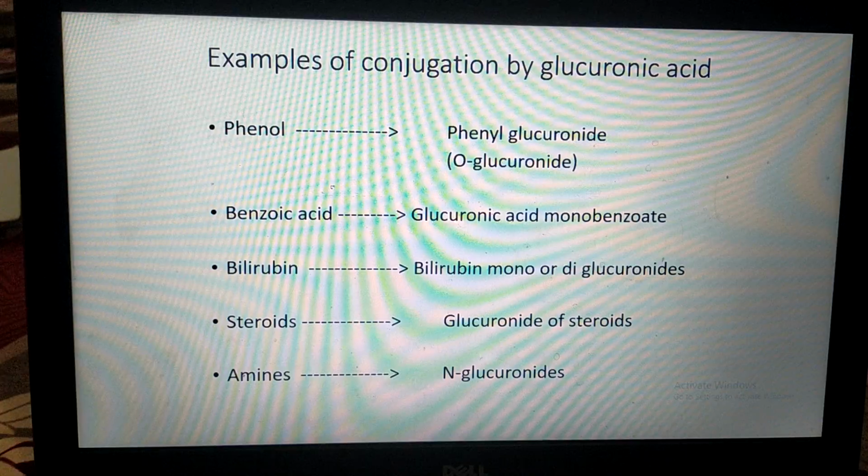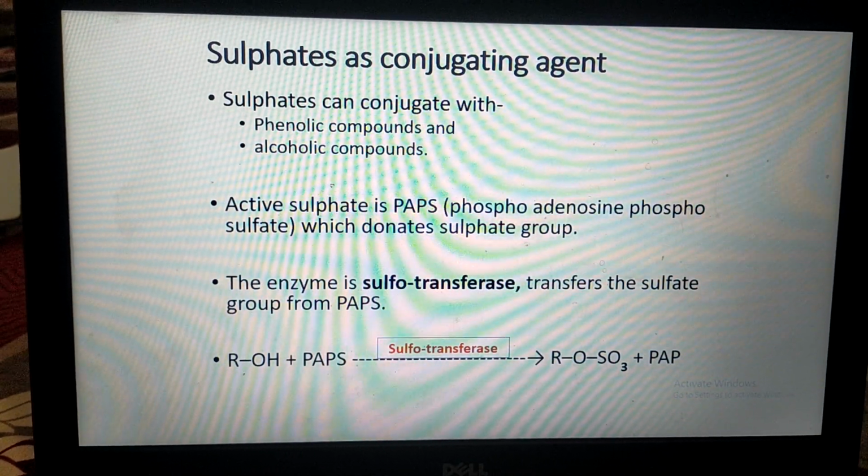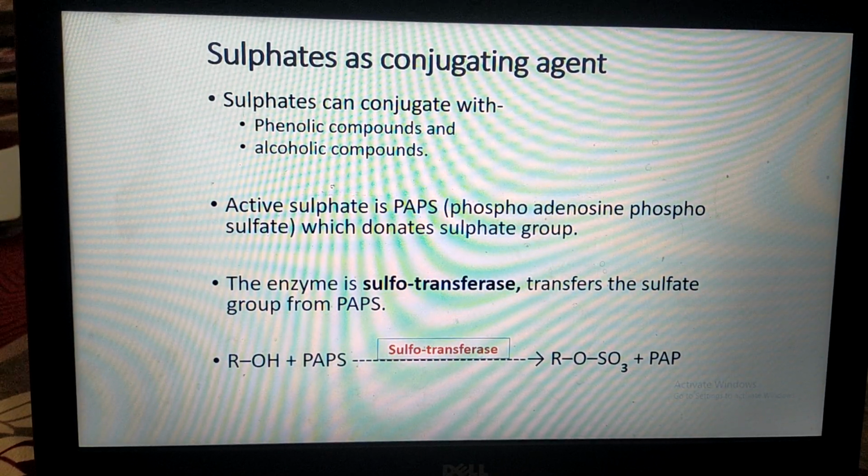Next example is sulfate as a conjugating agent. Now sulfate will conjugate with phenolic compounds and alcoholic compounds. The donor of sulfur in the reaction is active sulfate, which is called phosphoadenosyl phosphosulfate, and the enzyme sulfotransferase will transfer the sulfate from active sulfate PAPS to the xenobiotic.